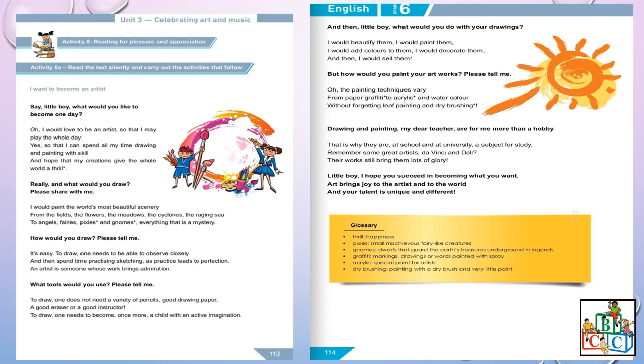I want to become an artist. We are going to start the passage. We will read together. I want to become an artist. So here, what do you understand by artist? Do you know what is the meaning of artist? Okay, so an artist is a person who likes to paint, who likes to make drawings.